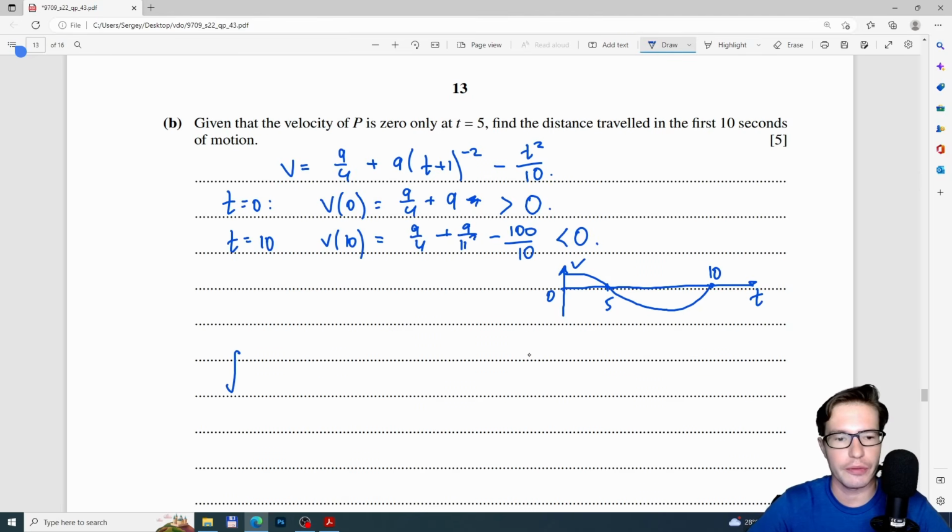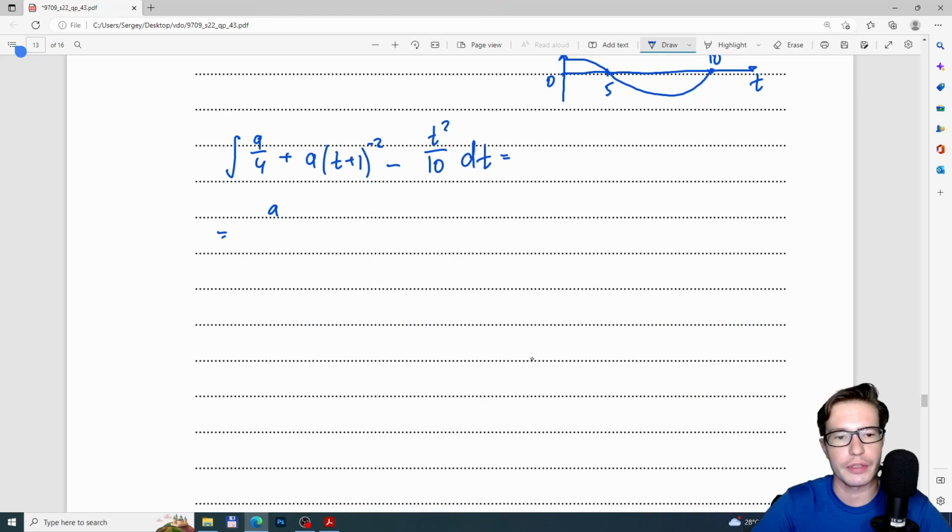First let's find the integral without any limits, so it's the integral of 9 over 4 plus 9 (t plus 1) to the power of minus 2 minus t squared over 10 dt. Then the integral is going to be equal to 9t over 4 plus 9 (t plus 1), we add 1 to the power, divide by the new power, so all in all it's minus. Next we get minus t cubed over 30.